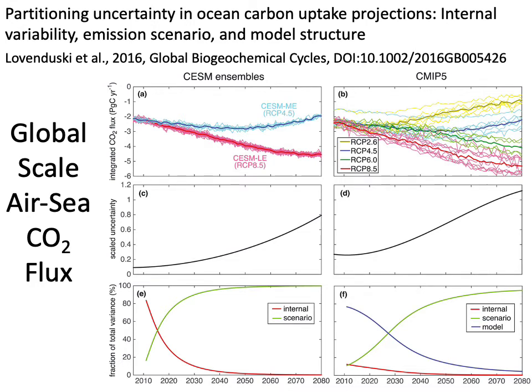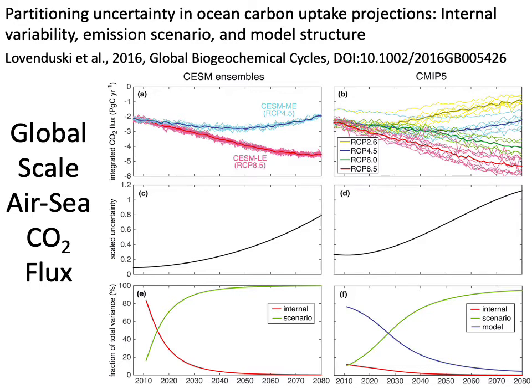Now, as Lewandowski et al. showed in the context of the CESM model, at the global stage, the internal variability uncertainty shown on the left and the structural uncertainty on the right were each found to be smaller than the signal in terms of the global scale response.